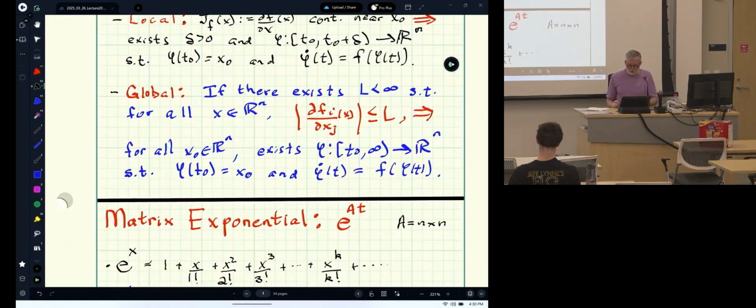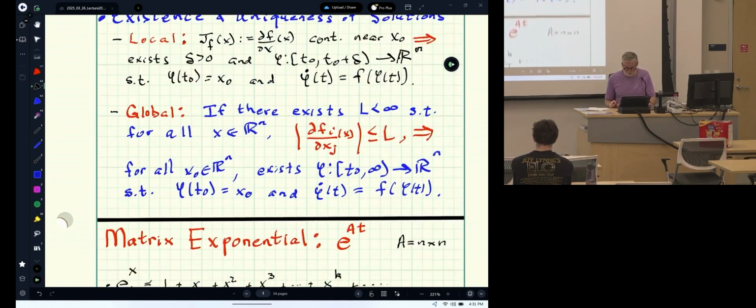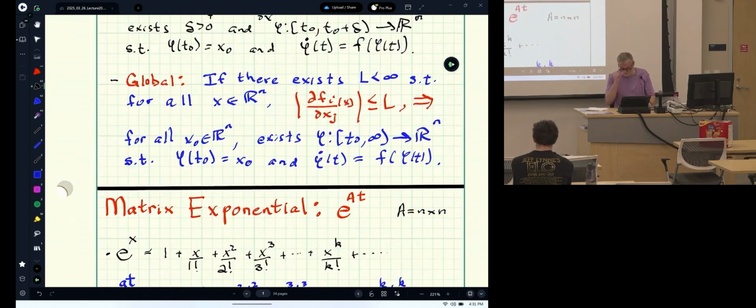But if the Jacobian is bounded, in particular, there's a constant L such that every entry of the Jacobian in absolute value is less than or equal to L for all x in R^n, then solutions exist for all t and for all initial conditions. So they're globally defined, we say.